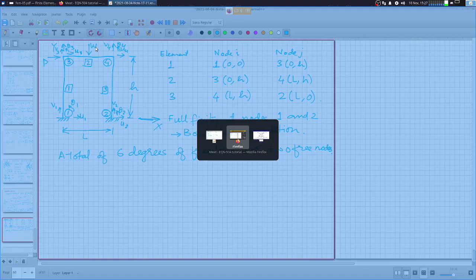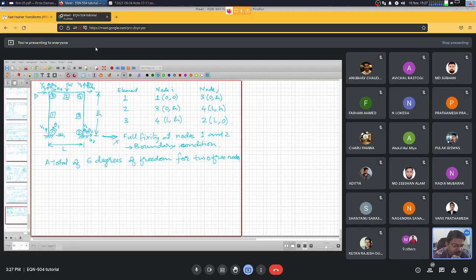So what is the relative likelihood or relative order of deformation between different degrees of freedom? What is your assessment, engineering sense?